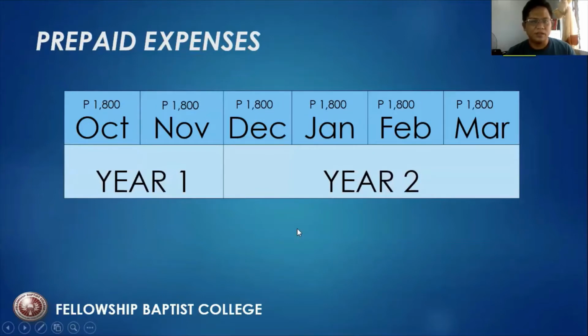For example, we paid 10,800. That means 1,800 applies for each month, October, November, December, up to March. 1,800 for 6 months. Our year end is November 30, so October and November form part of year 1, while December is the start of year 2.